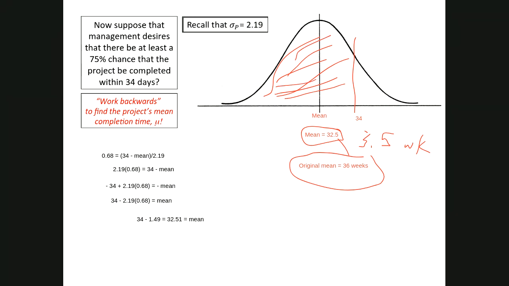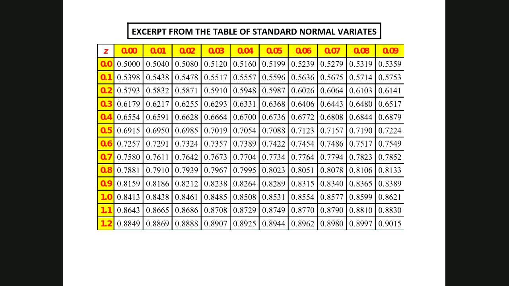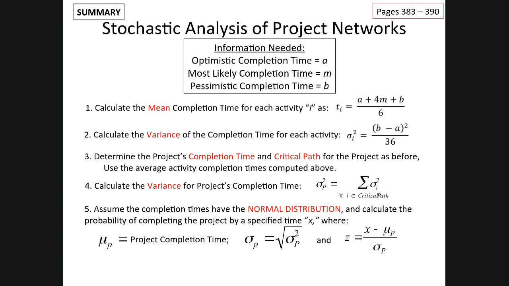So that's that example. I'm going to work through another example in a minute in another video, and I encourage you to work through this and make sure that you understand that. And again, see me if you have questions. Last slide here is just a summary of all the things that we've done.